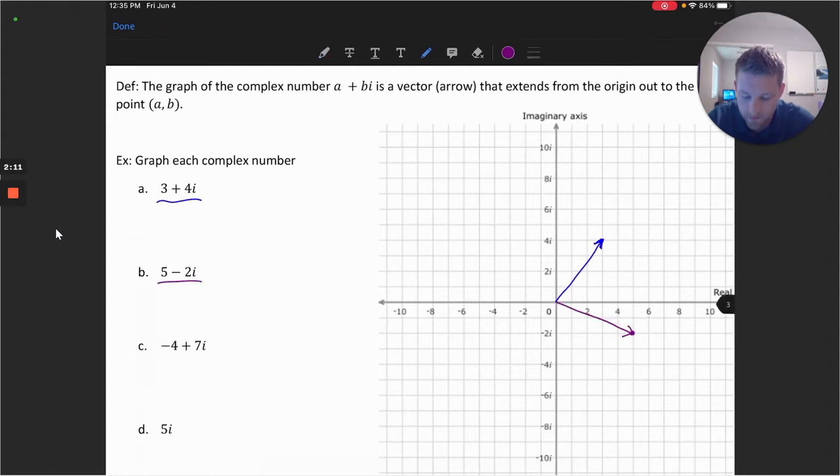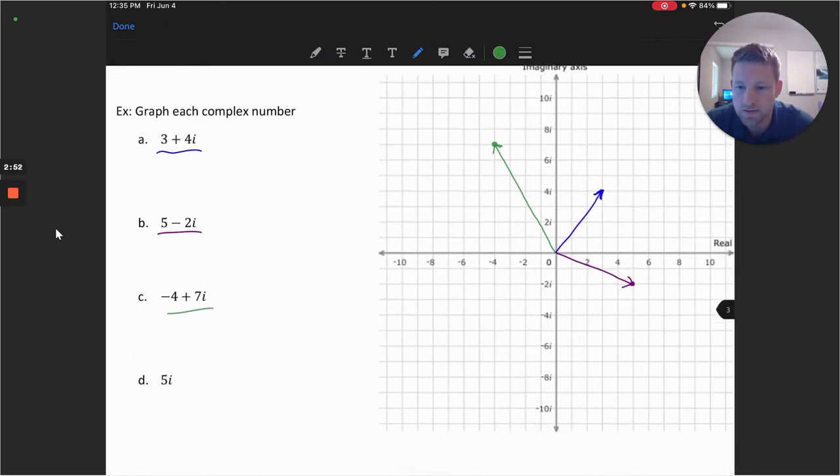Part C, we have a vector of negative 4 plus 7i. So that's negative 4 going to the left on my horizontal axis and 7 up. So that would leave us at negative 4, 7. That would bring us up there. Negative 4 in my x direction and 7i in my vertical.